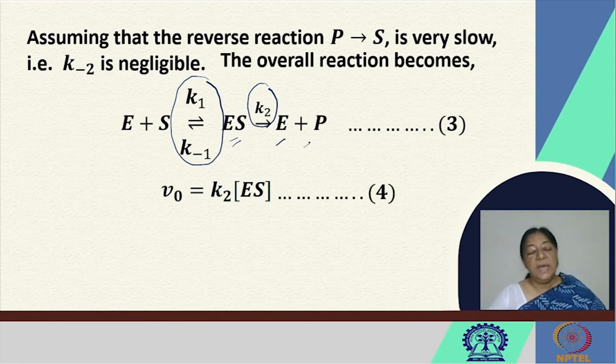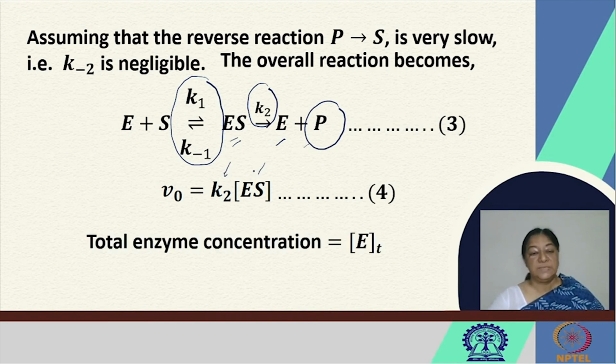The rate of formation of the product, therefore, is our K2 rate constant times the concentration of the enzyme substrate complex.